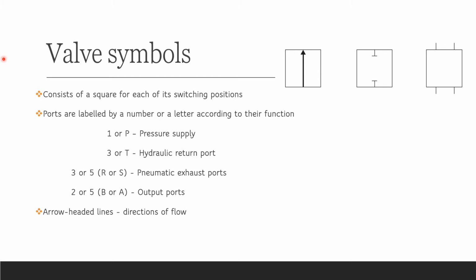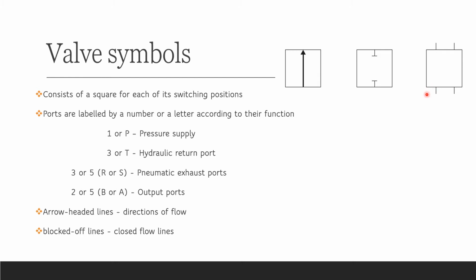Now the arrowheads represent the direction of flow, that is, how the fluid will be passing through the valve is represented by the arrow-headed lines. Similarly, when the flow is cut off or closed down, lines with blocked-off symbols will be used to represent this operating condition.